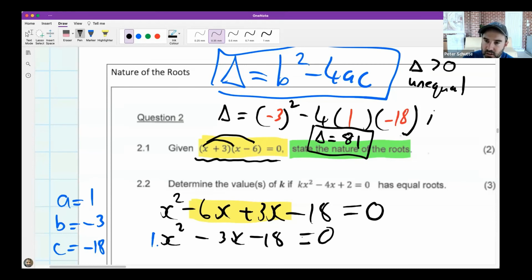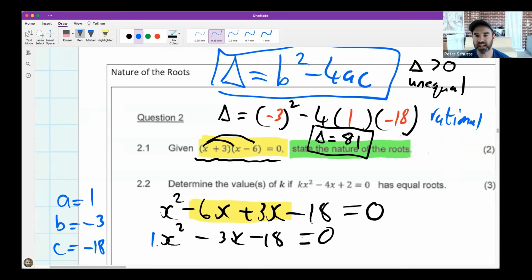Is delta a perfect square? If you look at 81, is delta a perfect square? Yes. Okay. So what does that mean? It just basically means that the roots are going to be rational.